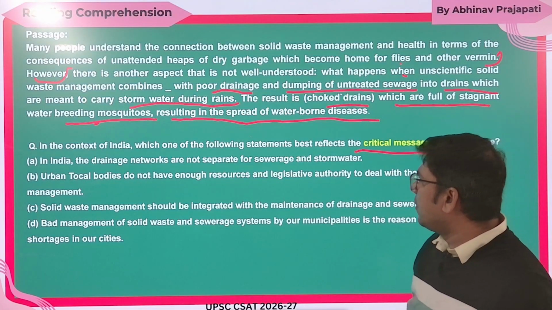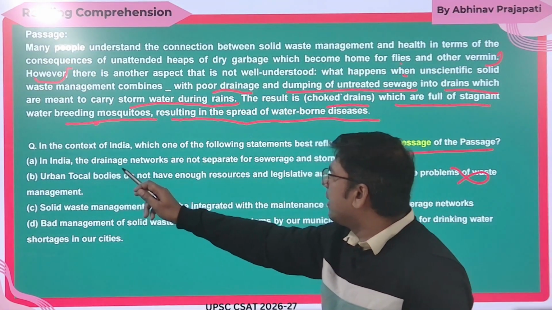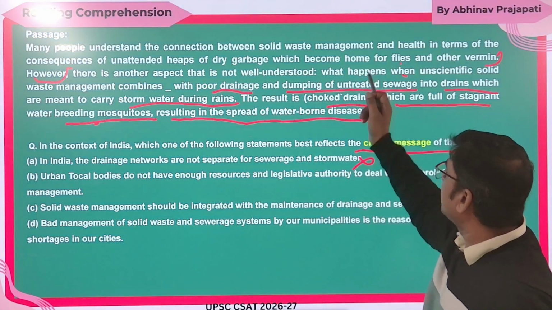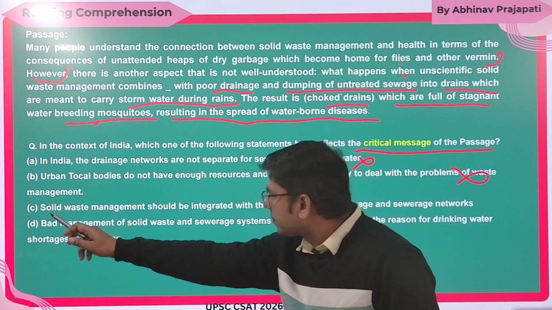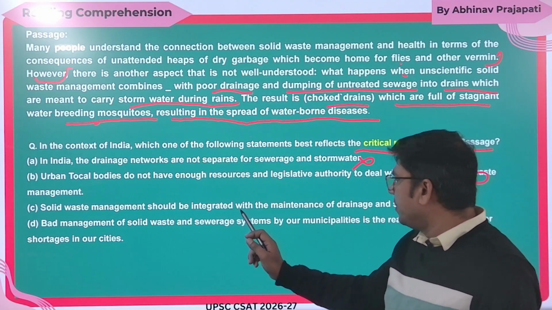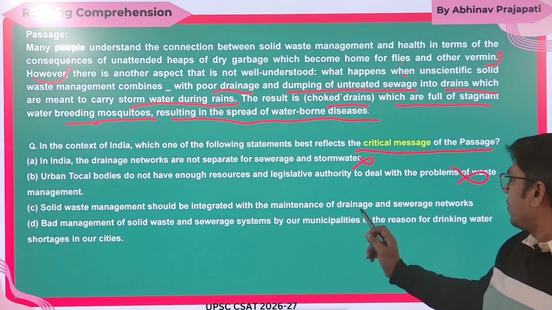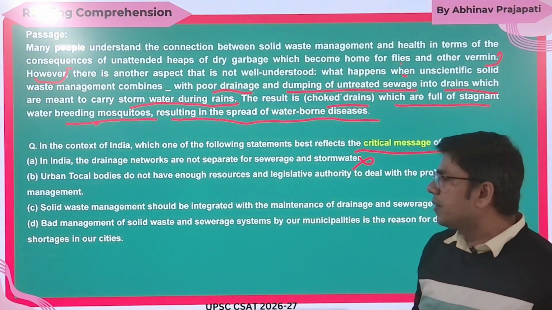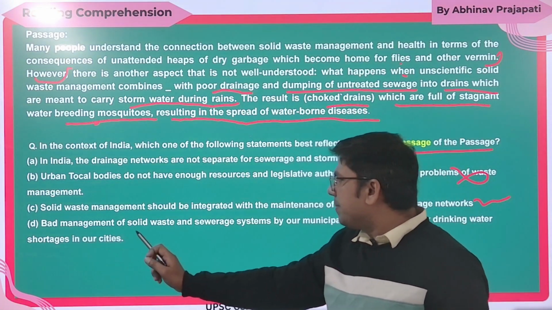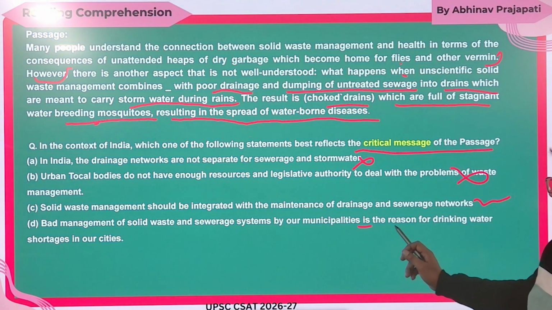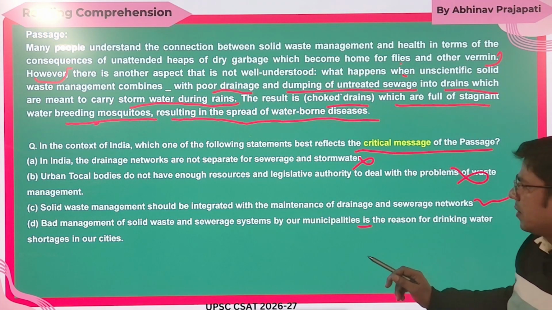In India drainage networks are not separate for sewage and storm water, this is not claimed. Solid waste management should be integrated with the maintenance of drainage and sewage networks. This is aligned with the passage, this is a moderate option. Bad management of solid waste and sewage systems by our municipality is the reason for drinking water shortage in our city. Not talking about drinking water.